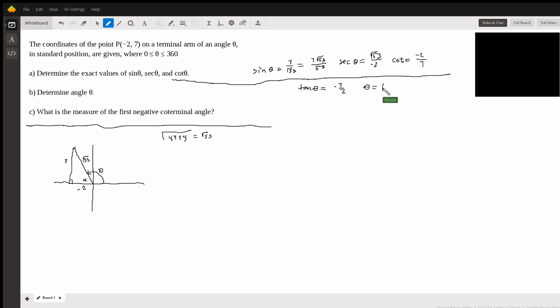Theta is going to be the inverse tangent of -7/2. So inverse tangent of -7 divided by 2 is going to give me 74.05.